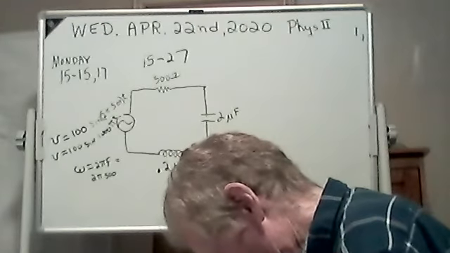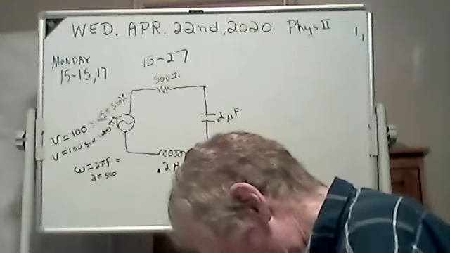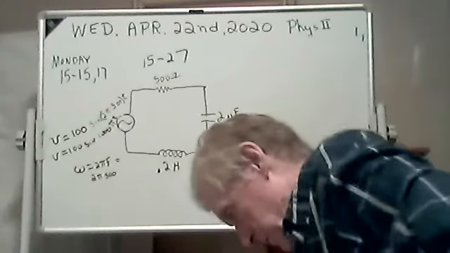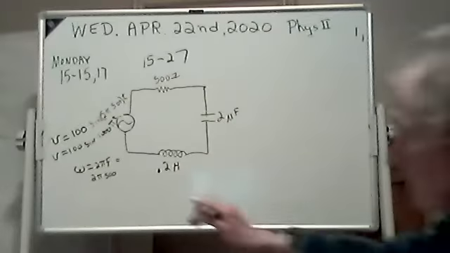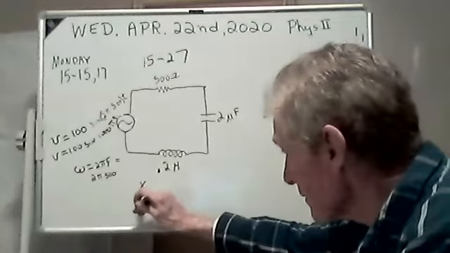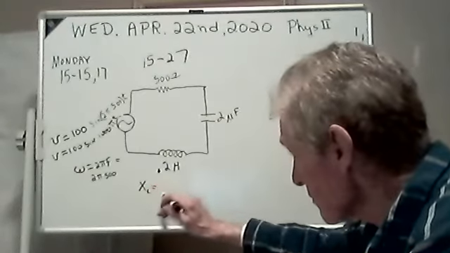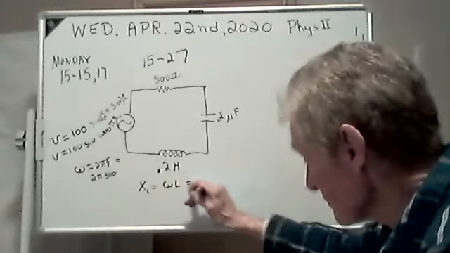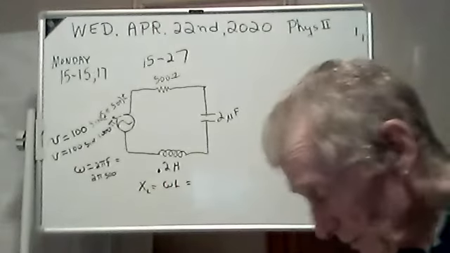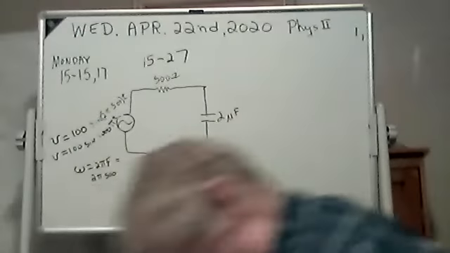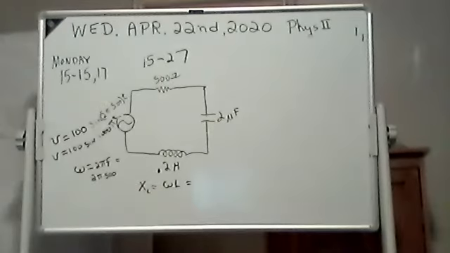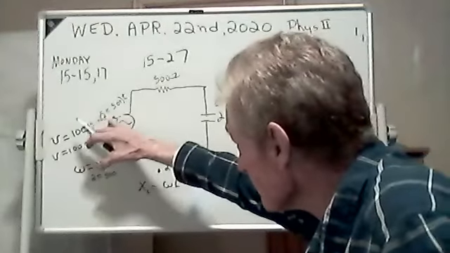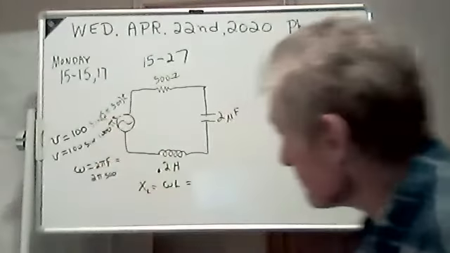Okay, well, we're going to find some stuff here. All right, here goes. First, we're going to get the inductive reactance. Do you remember the equation for it? It's omega L, isn't it? Let me get my calculator and we'll do that. See what the omega is, 1,000 pi. See it? That's omega.